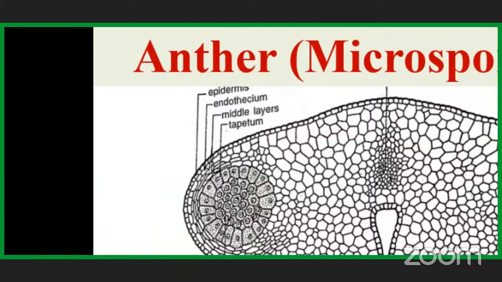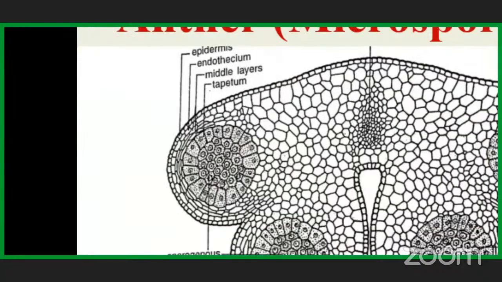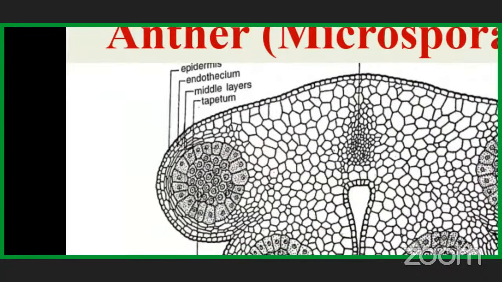It covers the whole androecium and gives the specific shape and structure to the anther, that means the microsporangia. Microsporangia means it has microspores, small spores inside the sac. Okay, it has layers. The outermost layer is the epidermis, a single layer.